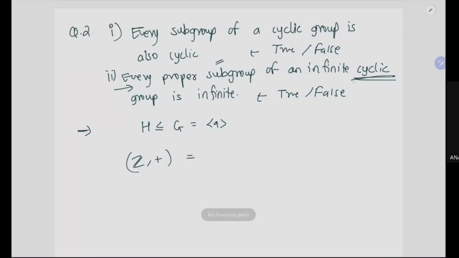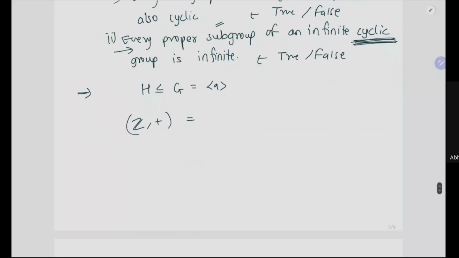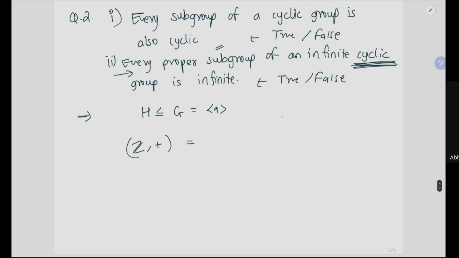Here cyclic is important. I think this is true, because, as he said, if H is any subgroup of G, it is of the form A power n for some n in Z. So it is of this form, right?